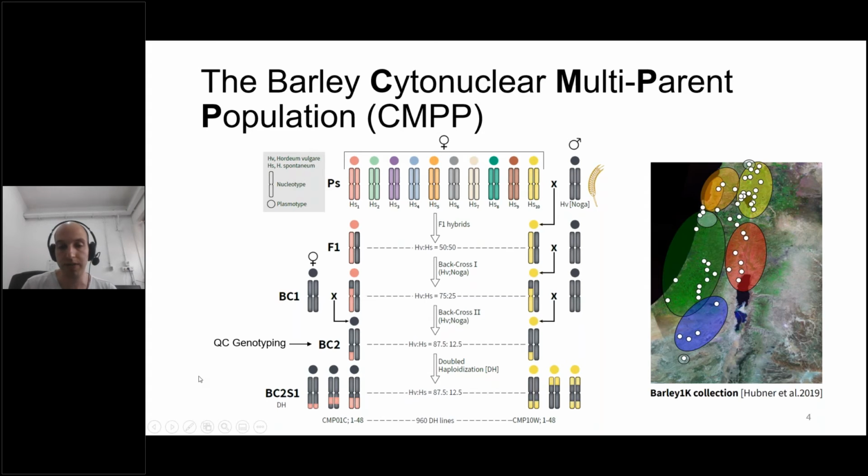But it is also divided in half, with half of the population carrying the Noga plasmotype, the cultivated plasmotype, and half carrying the wild plasmotype. This means we have segregation of the nuclear genomes of the cultivated and the wild donors, but we also have, you may call it a segregation, although it's not exactly segregating in the classical sense, of the plasmotype.